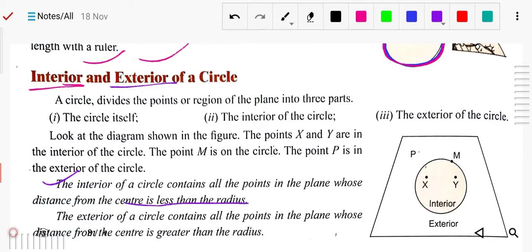If a point is inside the circle, its distance from the center will be less than the radius. If it is outside the circle, its distance from the center will be greater than the radius of that circle. So that's about the interior and exterior of a circle.